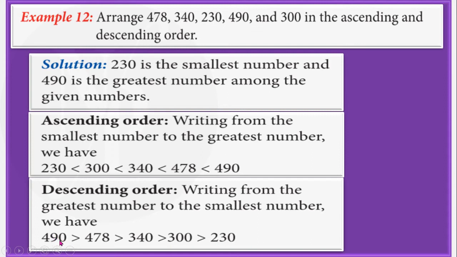So 490 is greater than 478 is greater than 340 is greater than 300 is greater than 230. So this arrangement of the given numbers is called as decreasing order or descending order.